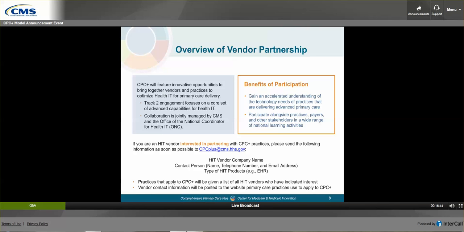We want this information now to facilitate the practices obtaining the necessary letter of support from theirs or an interested HIT vendor. Additional vendor information is available in Appendix C of the Request for Applications, or RFA, that's available on the CPC Plus website now. And note that we are hosting a vendor webinar later this week, and details about that are available on the website.